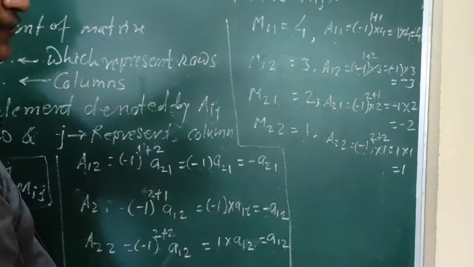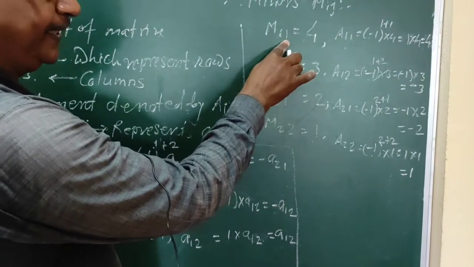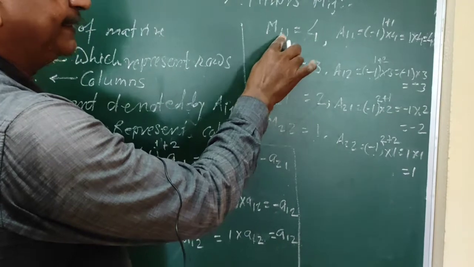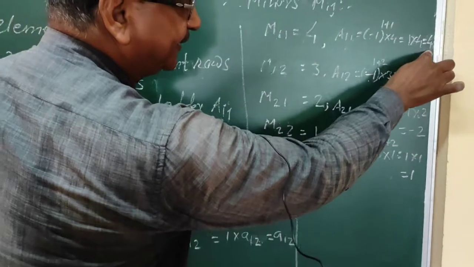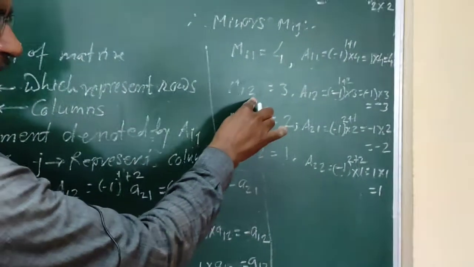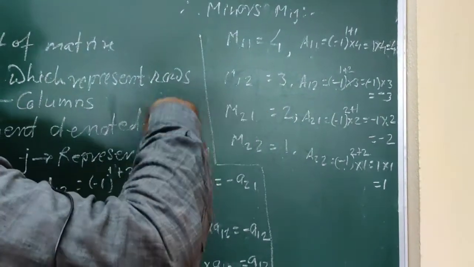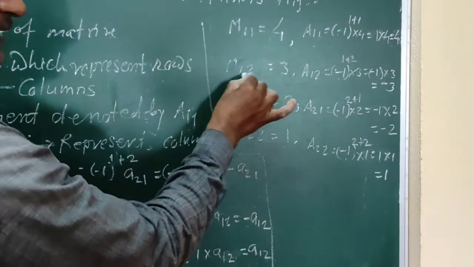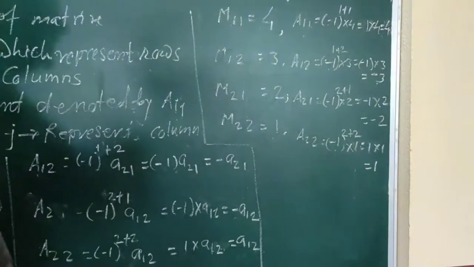One thing you have to remember here: if the sum of row and column is even, then the minor, which is 4, is the cofactor, that is also 4. If the sum of the row and column is odd, that is 1 plus 2 is 3, then there is a change in sign. As the minor is 3, your corresponding cofactor will be minus 3.